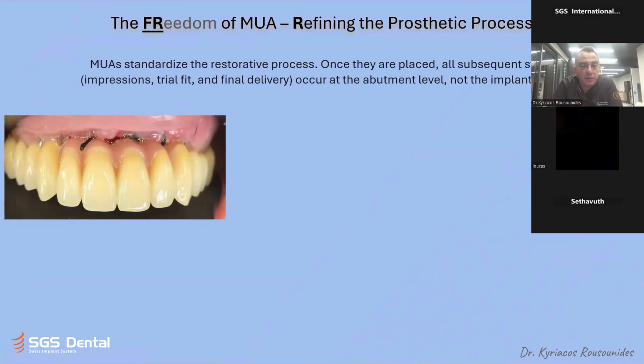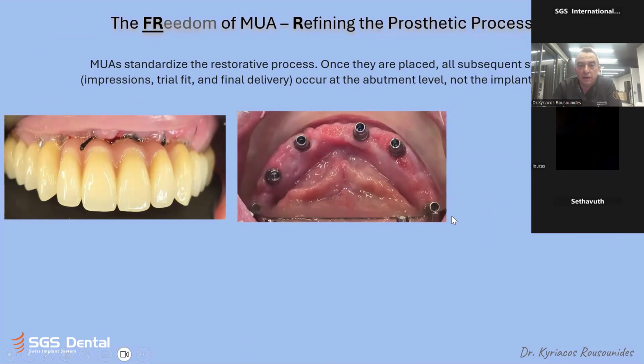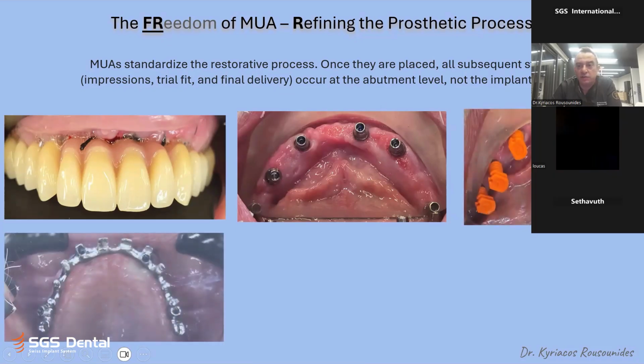This is a partial prosthetic on multi-unit abutments. It's an immediate loading case. We connected old implants with newer implants with multi-units, and there are different pictures.